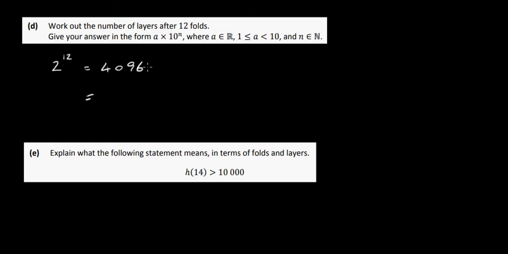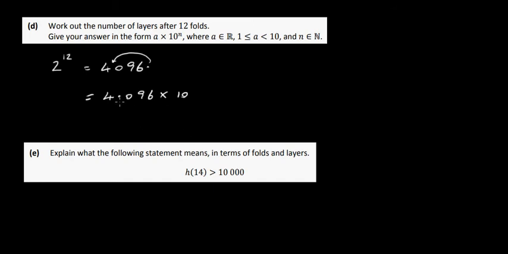So what you do here is you take the decimal point, which is here, and we're just going to bring it back here to make a number between 1 and 10, including 1, not including 10. So 4.096 is our a. Now this is not 4096, so we've got to move that decimal point back again by multiplying it by 10 to the power of something.